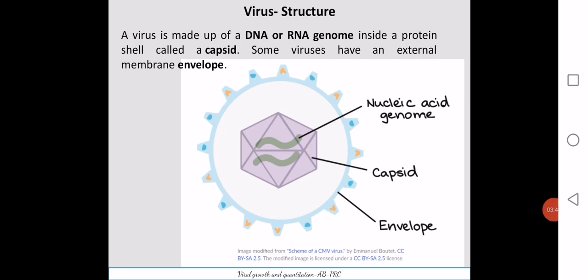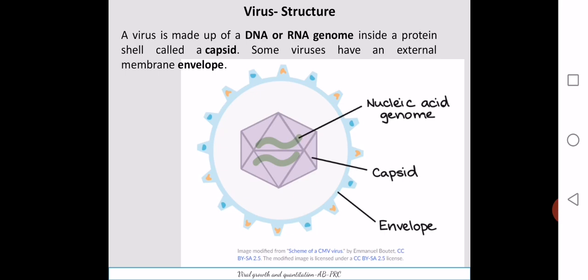When we see the structure of a virus in detail, there are basically two structures. One is the genetic material, the other one is a protein coat or covering of protein, usually called a capsid. This capsid is in turn made up of smaller units called capsomeres.